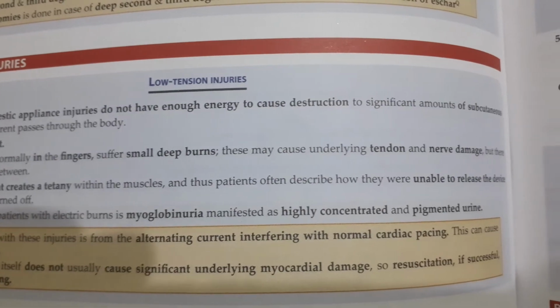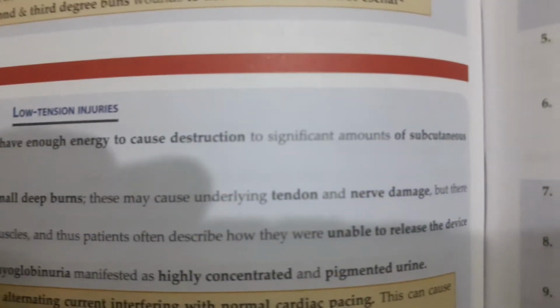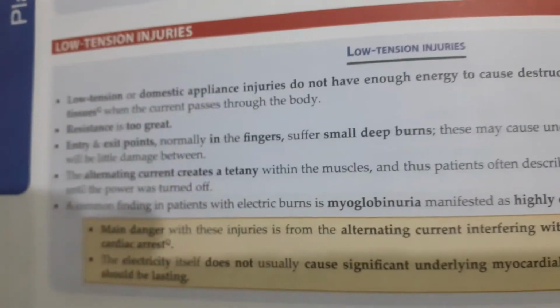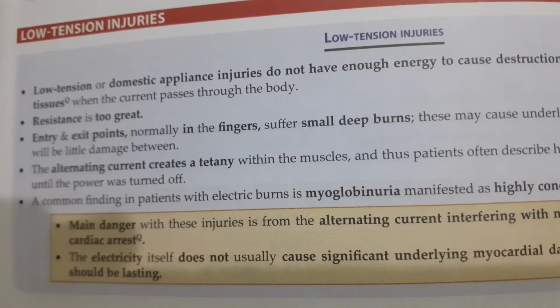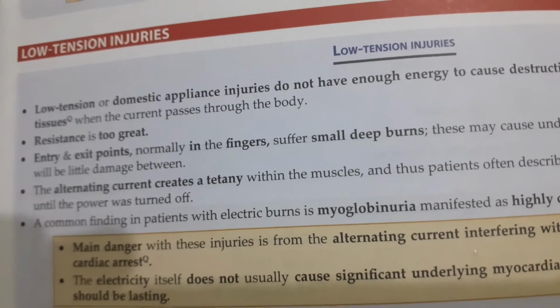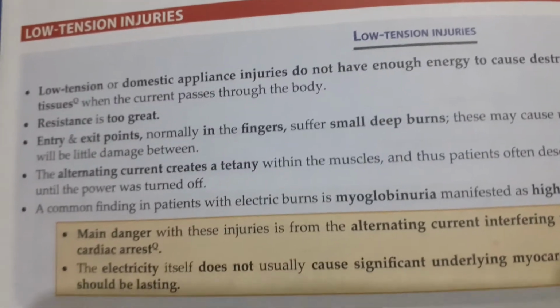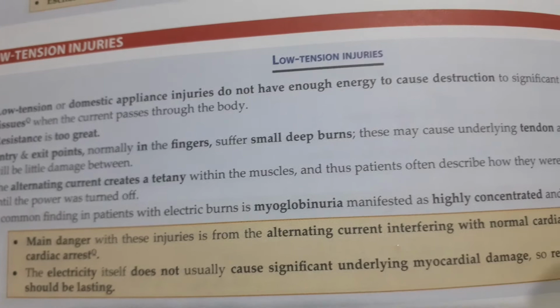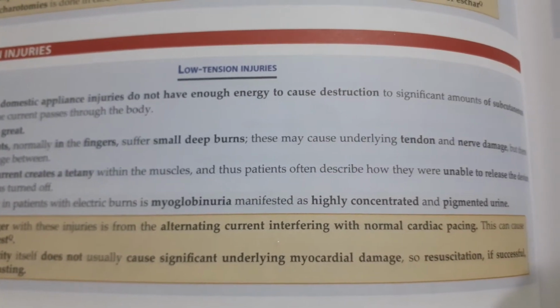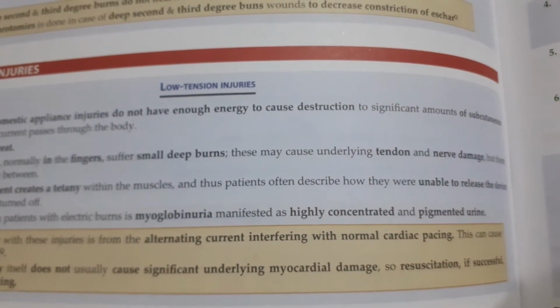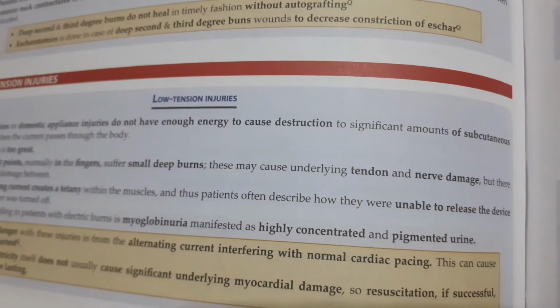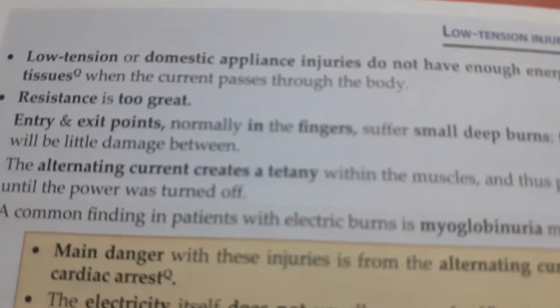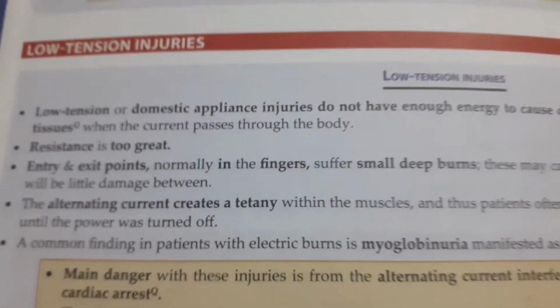This may cause underlying tendon and nerve damage, but there will be little damage between. The alternating current creates a tetany within the muscles, and the patients often describe how they were unable to release the device until the power was turned off.